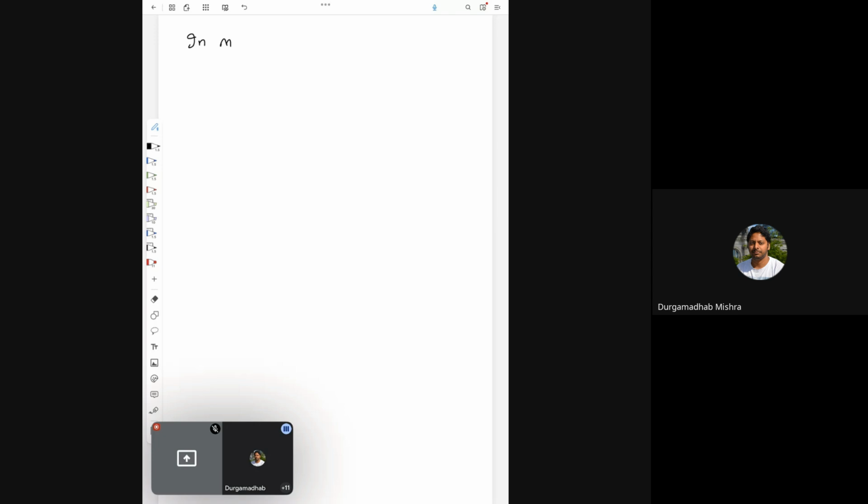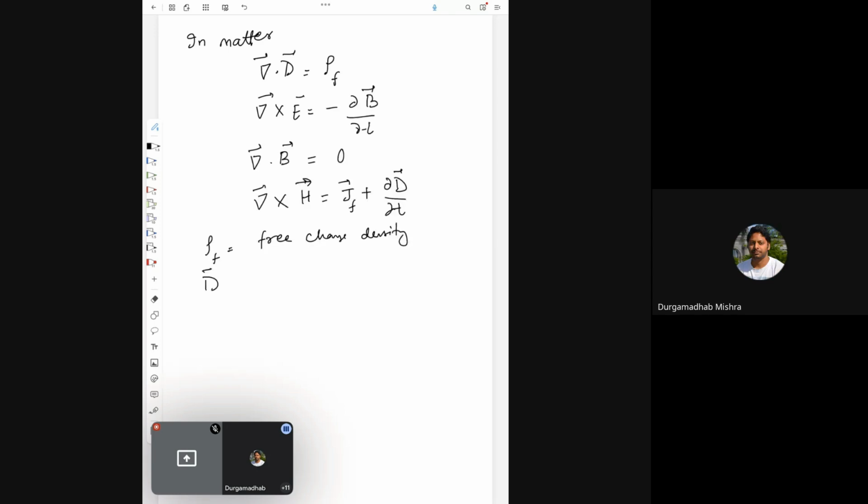Similar equations also exist in matter. If I take them in matter, there are again four such equations. Del dot E, or the divergence of E, is rho f over epsilon naught, then curl of E is equal to minus del B by del t.